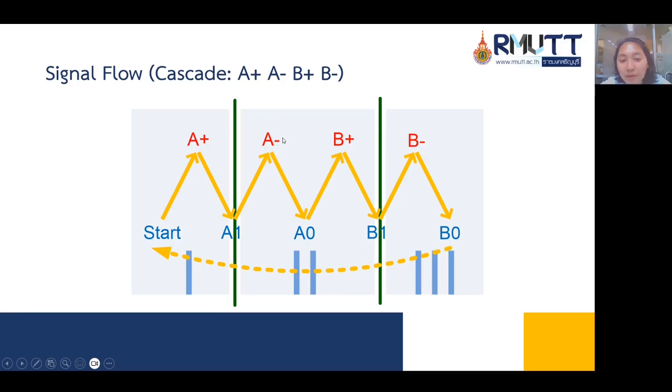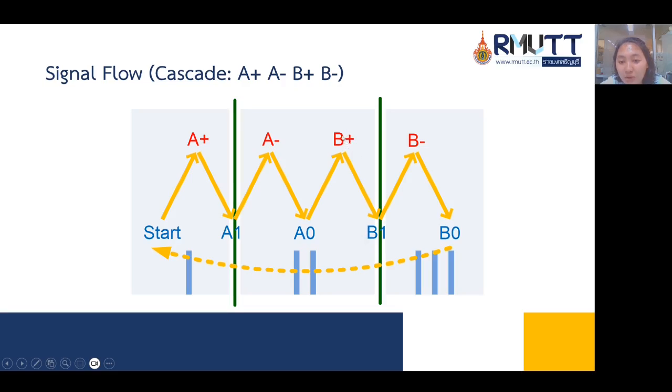After cylinder A goes backward, limit switch A0 is active, then the output will be B plus, or cylinder B will go forward.